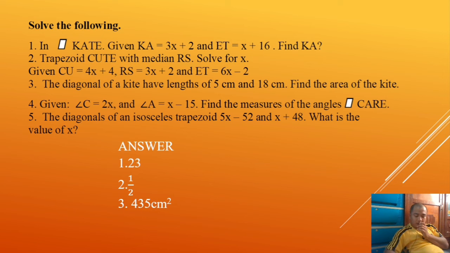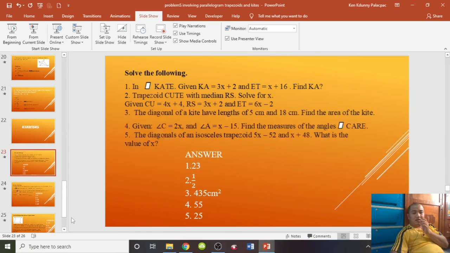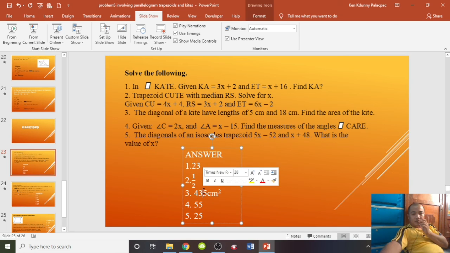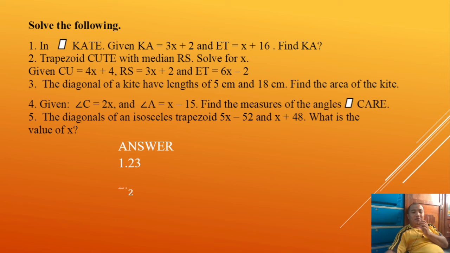Wait, check natin. 5 times 18, 90. 90 divided by 2, dapat 45 lang. Okay, na-check lang natin. Graphical error sometimes happens. Always happens, should say. Yeah, 45 centimeters squared for number 3.